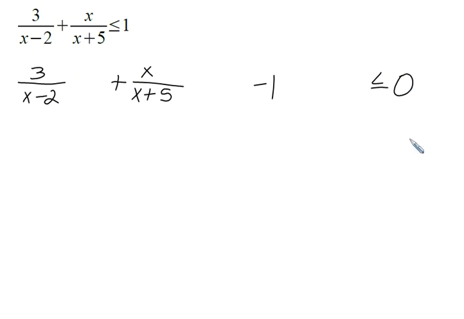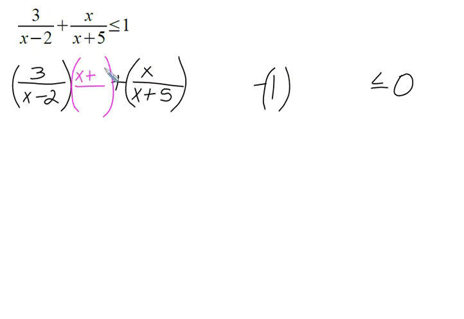Now with rational inequalities, we have to build a common denominator. So we're going to multiply each of these expressions by a fraction. For this first expression, for a common denominator, it's missing the x plus 5, so we'll multiply by x plus 5 over x plus 5.